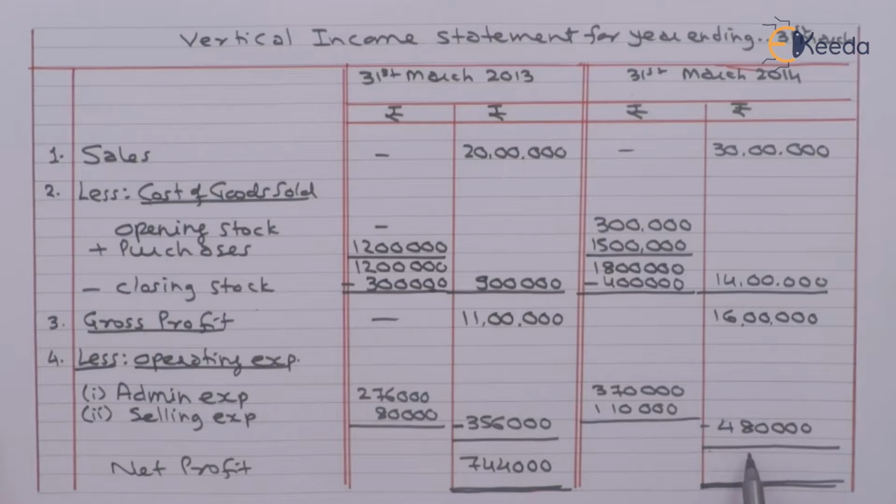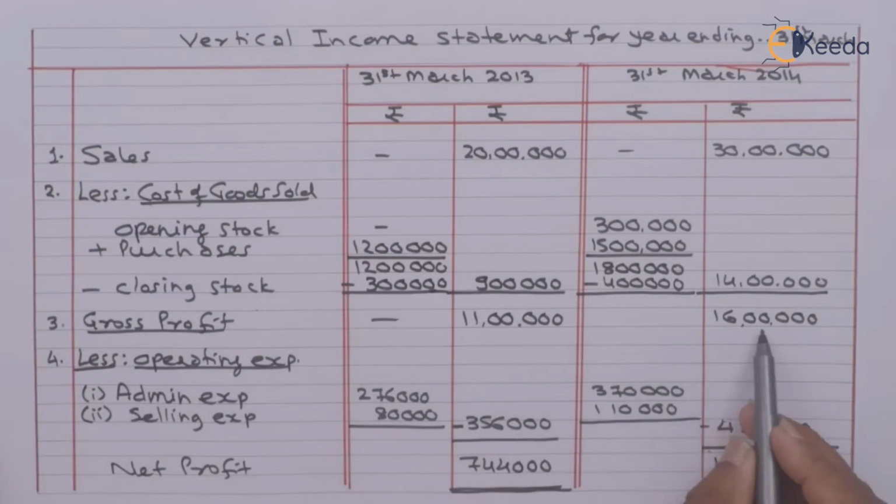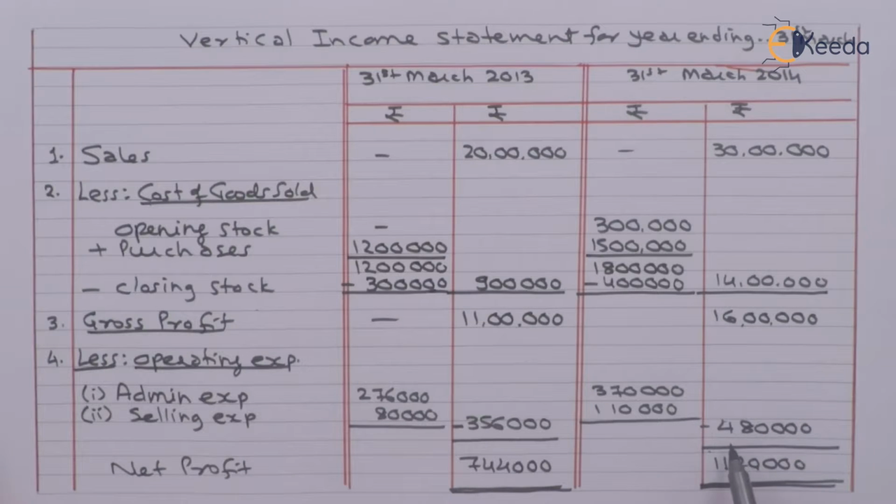It is 4 lakh 80,000. So net profit 11 lakh 20,000. Gross profit 16 lakhs, operating expenses deducted 4 lakh 80,000, final net profit we got 11 lakh 20,000. So we have completed the profit and loss statement, income statement, for both the years.